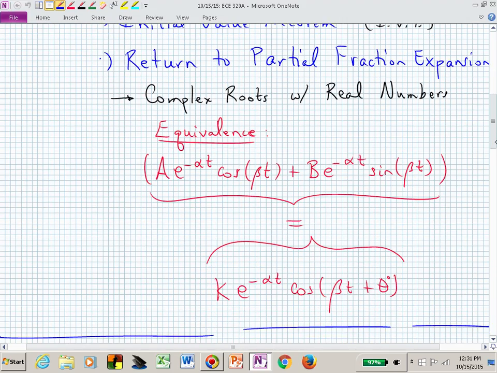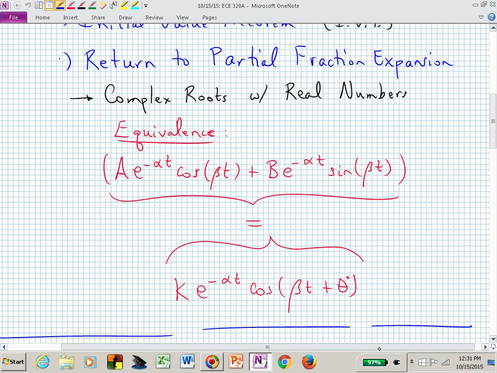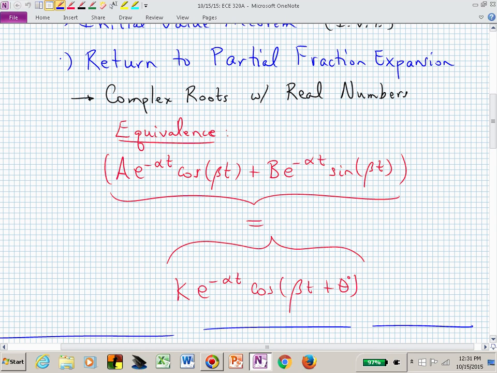And then we will return to the partial fraction expansion. If you don't like complex numbers, you can inverse Laplace transform in other ways, and that's what we will talk about in this last goal, doing partial fraction expansion when we have complex roots, but we will use real numbers to do that solution.